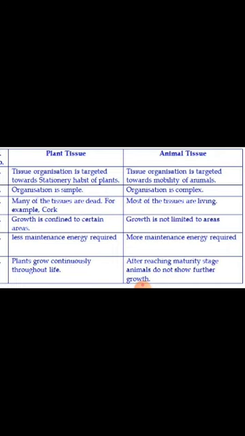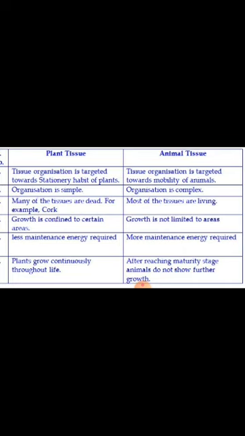The organization of the plant tissue is simple, whereas the organization in animal tissue is complex. Plant tissues are dead. We had discussed the cork tissues. The animal tissues are living. Now plant tissue growth is confined to certain areas. We have discussed the meristematic tissues and we have seen that from the tip or from the nodes, there are specific areas from where the growth takes place.